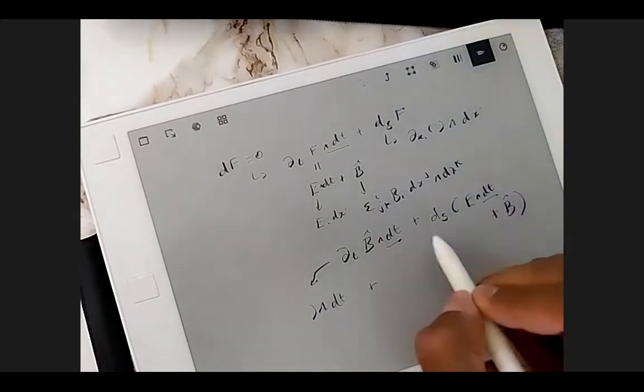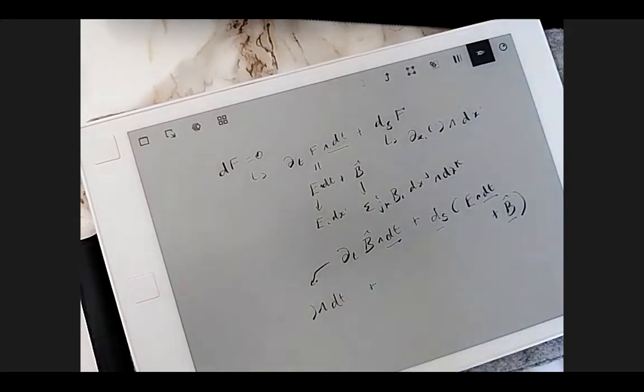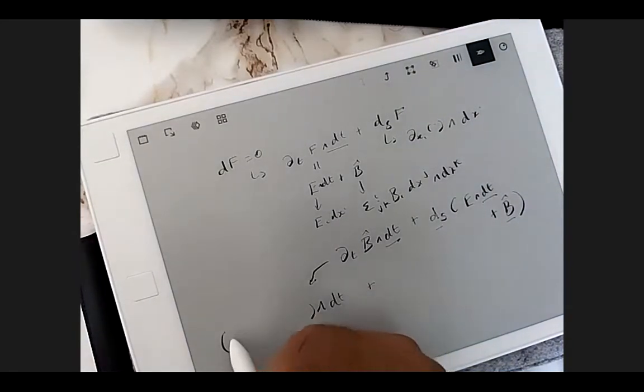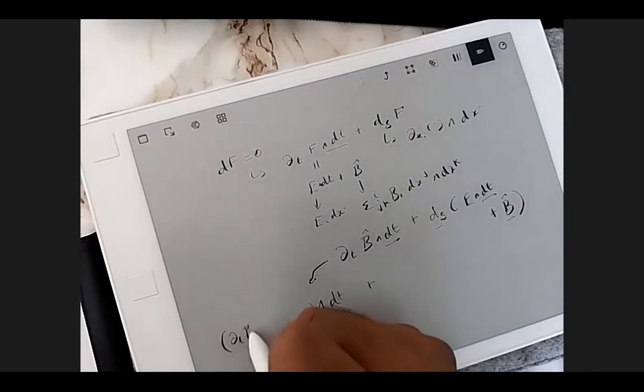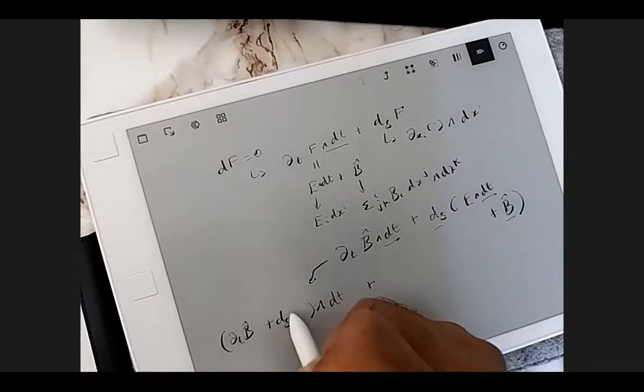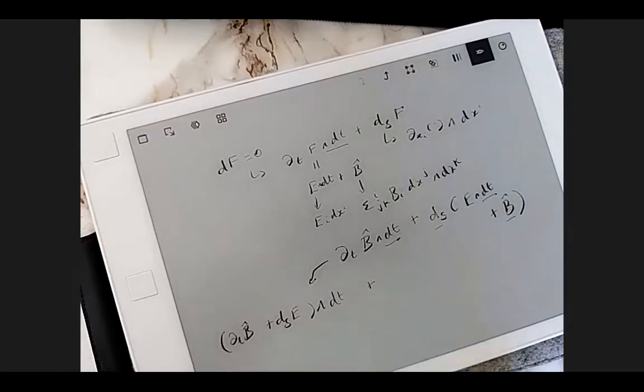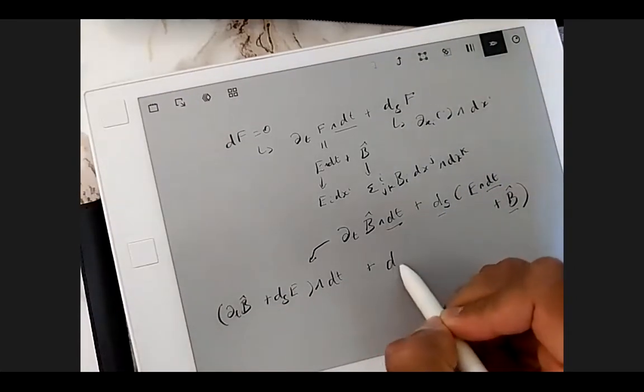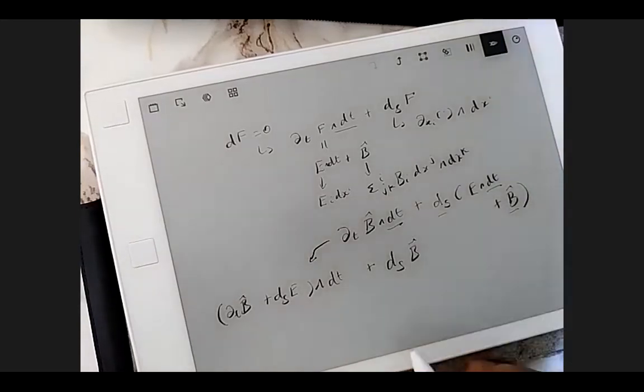The term that involves ds b will contain no dt terms. And it's okay because b has dx wedge dx, but there's 3 dimensions, so you can have another dx and it'll be fine, in space. So this is how you sort of collect Maxwell's equations. You have dt b plus E wedge dt, plus ds of b hat.